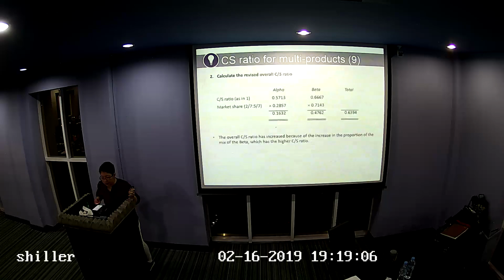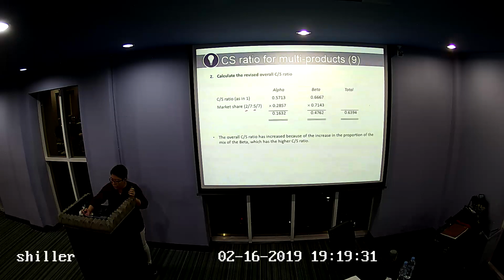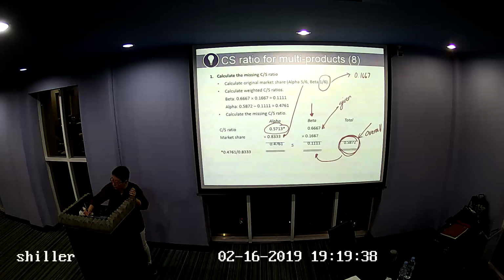Next one. So here we are. So, what happens now? Now they want to know and change the market share. You remember? What do they want now? The market share is 2:5, correct? So, is that good or bad? What was the overall CS ratio earlier? 0.5.